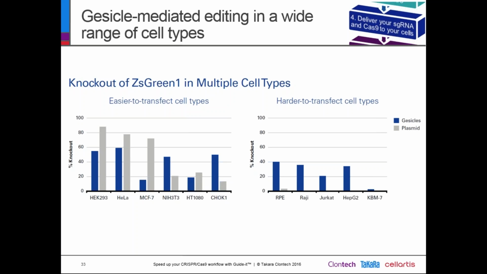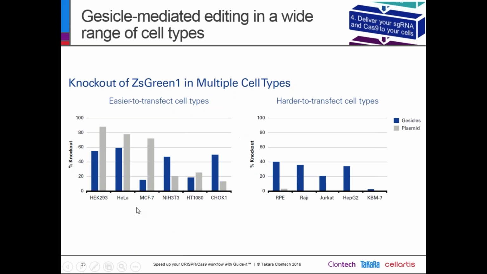We have measured here the efficiency of knockout of Zs Green in stable cell lines. So this is measured on the protein level. And as you can see, in these easier-to-transfect cell lines where plasmid transfection works very well, sometimes the Gesicle efficiency is a bit lower, sometimes it works a bit better, sometimes it's similar.